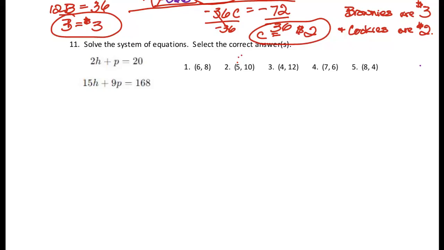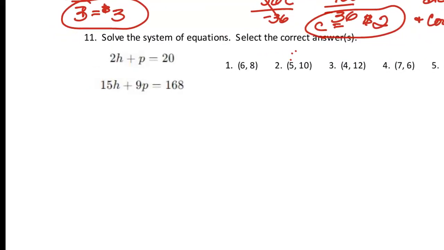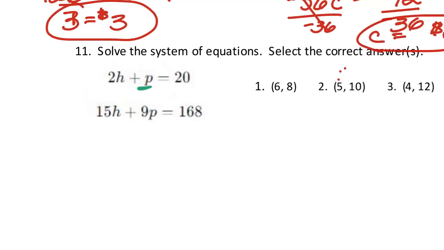Yeah, the P, because you have 9 P's, which means that this should be changed to what to make them eliminated? -9, right? So this is going to be -9P, which means we are going to multiply all of this by -9.